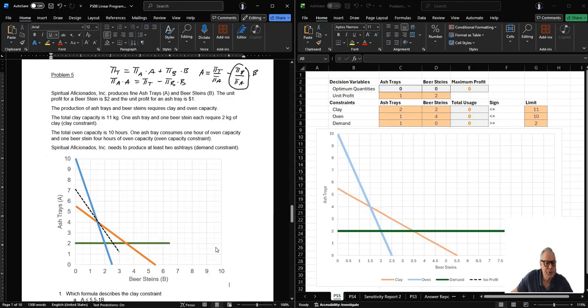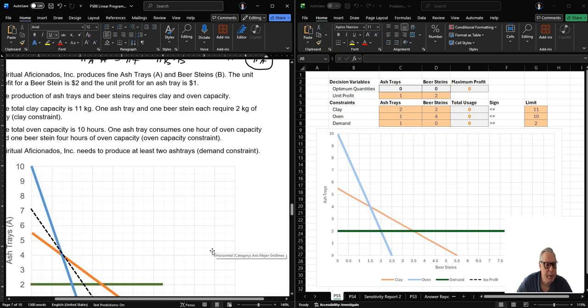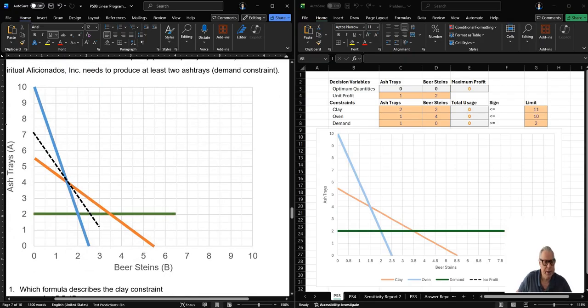Okay, so you see that we have now a solution where the optimum is presumably 4 ashtrays and 1.5 beer steins, but we cannot sell half a beer stein as it won't hold any beer.